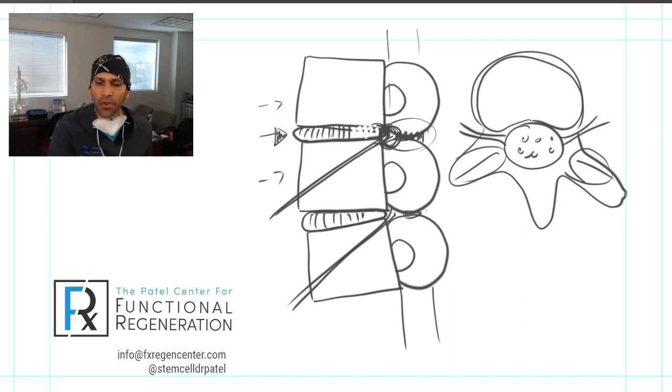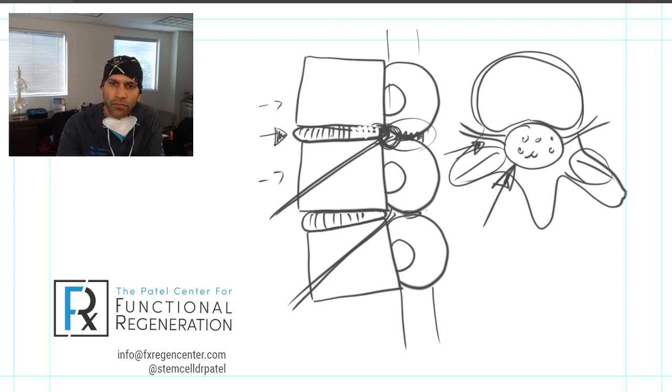There's two types, right? Where the nerve is exiting right here, or stenosis can occur in the central canal in here. So where the nerve is exiting or the central canal, then that's called central stenosis if it's in the center, or foraminal stenosis if it's on the outside where the foramen or the hole is where the nerve is exiting.